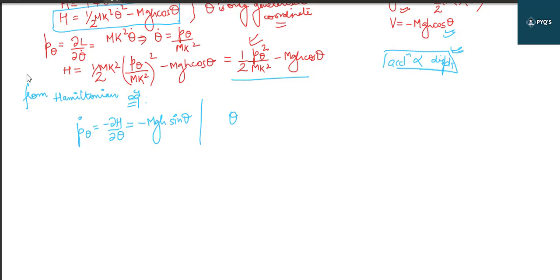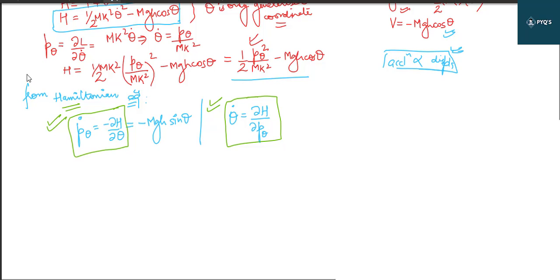So we can find theta dot from the Hamiltonian equation, which equals del H upon del p theta, the generalized momentum. So there are two Hamiltonian equations. One equation is p theta dot equals minus del H by del theta, and theta dot is equal to del H upon del p theta. So these two equations are used together.